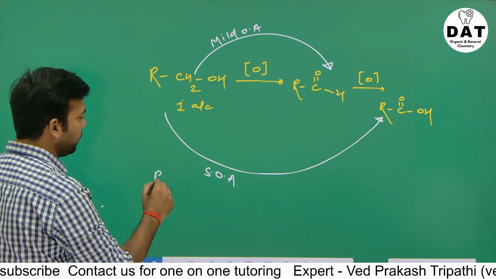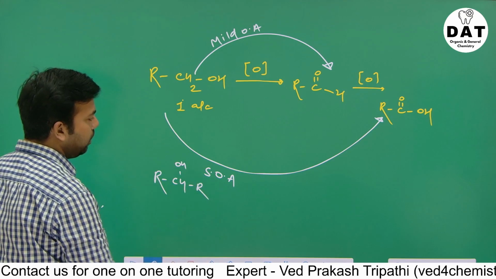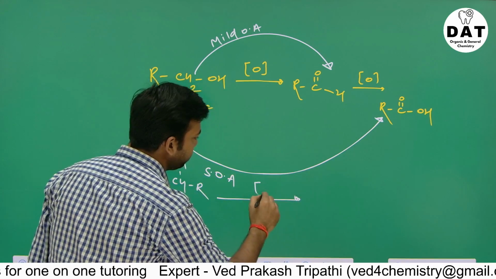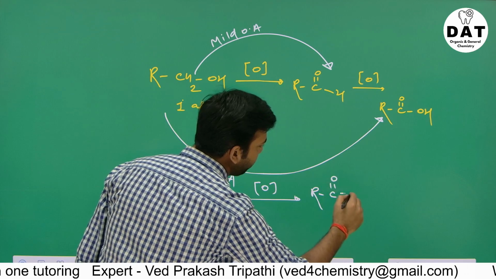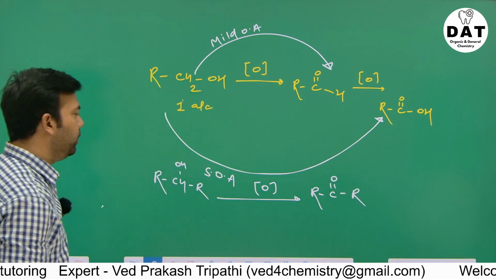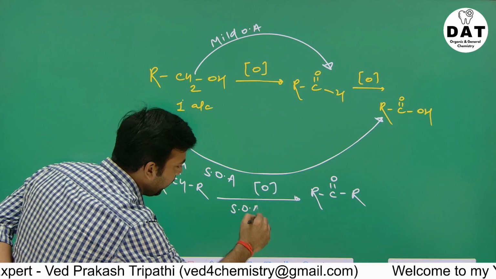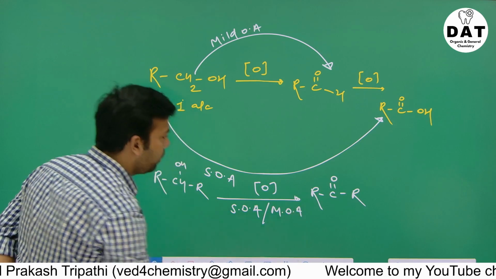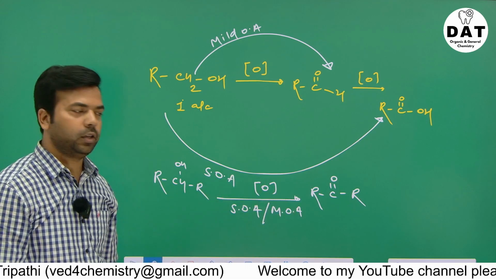Suppose we have a secondary one like this one. Secondary alcohol is going to oxidize into ketone, and we can use both a strong as well as a mild oxidizing agent. Both can oxidize secondary alcohol into ketone, clear?